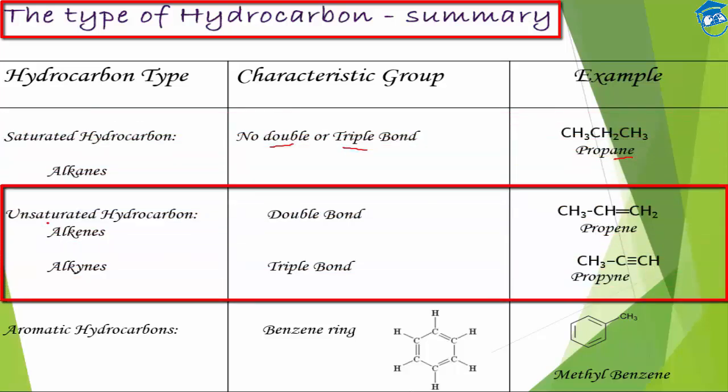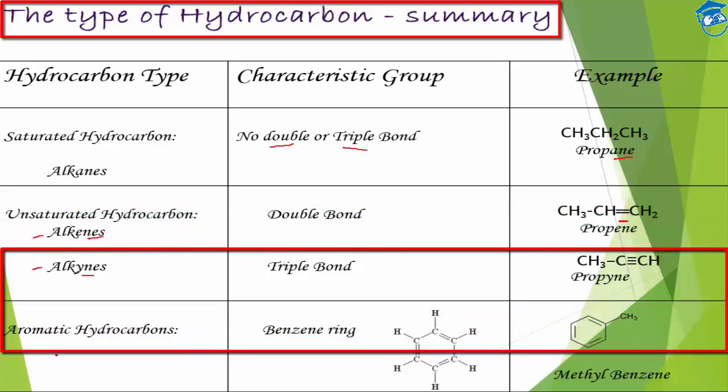Similarly, there are unsaturated hydrocarbons, two types, alkenes and alkynes, ene and yne. If it has a double bond, then it will be an alkene. For example, propene, which has one double bond. Similarly, alkynes have a triple bond. It should have at least one triple bond. Propyne, C triple bond C.